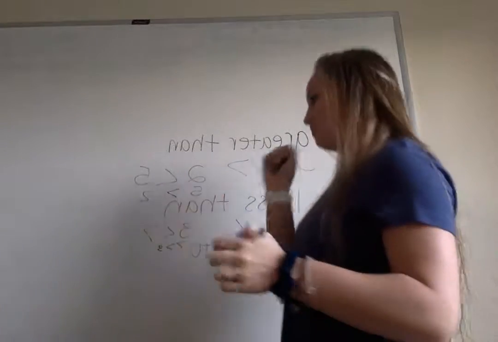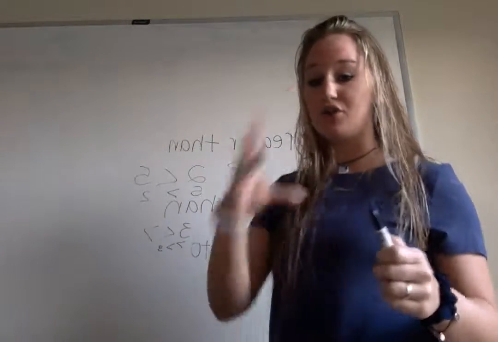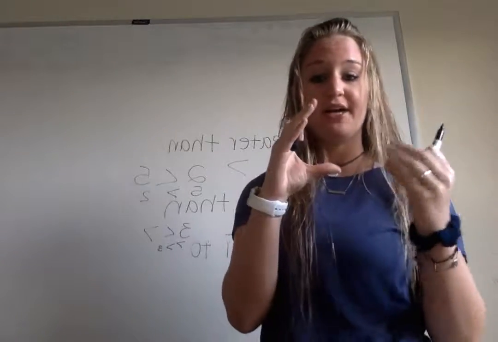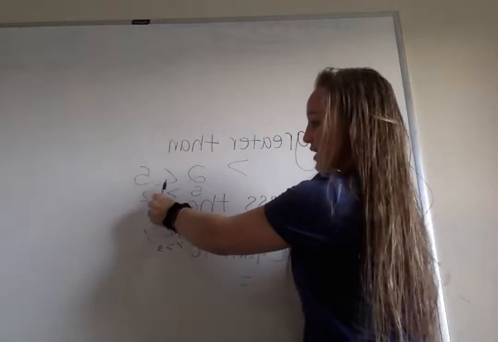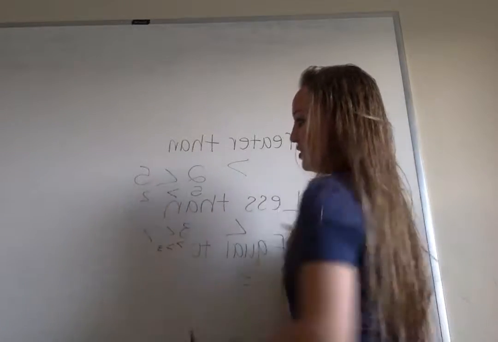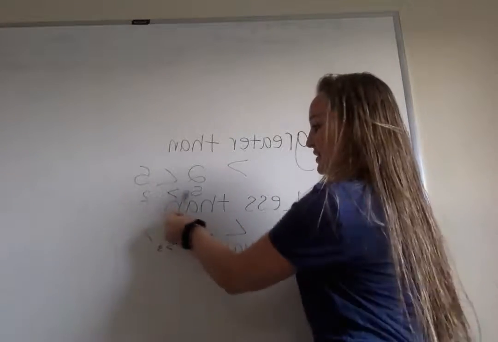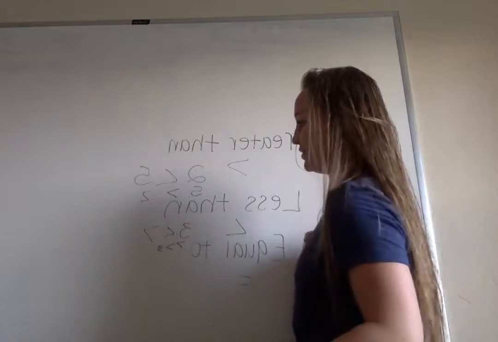Either way you write it, you always want to make sure that the alligator mouth is open to the bigger number, because that means it's eating the greater number. So here we have the mouth opening to a 5 because it's greater. And then the same thing down here, you have the mouth open to a 5.